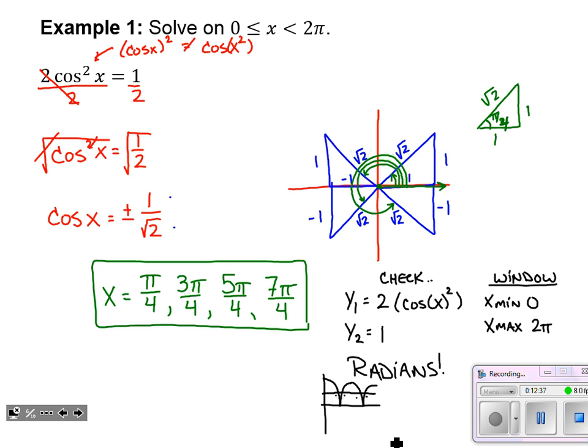So if we do calc intersect on that, we're going to get a bunch of decimals. We would have to check and see, are those decimals matching what these answers would be as decimals? So it's a little bit involved, but it does still work. It's kind of nice to check that graph and say, okay, how many solutions should I be getting between 0 and 2 pi? At the very least, that's a nice check to have. But that's how we can use technology to help support our answer.